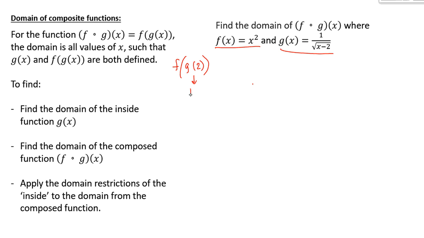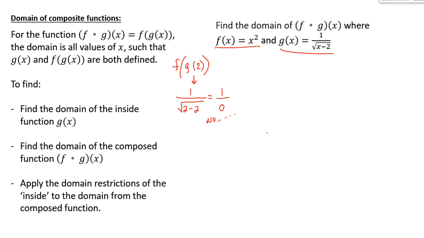Well, if I try and plug 2 into this function here, we end up with 1 over 0. Oh no! Get out of there, stupid box. It was going to be funny till that guy showed up. No!